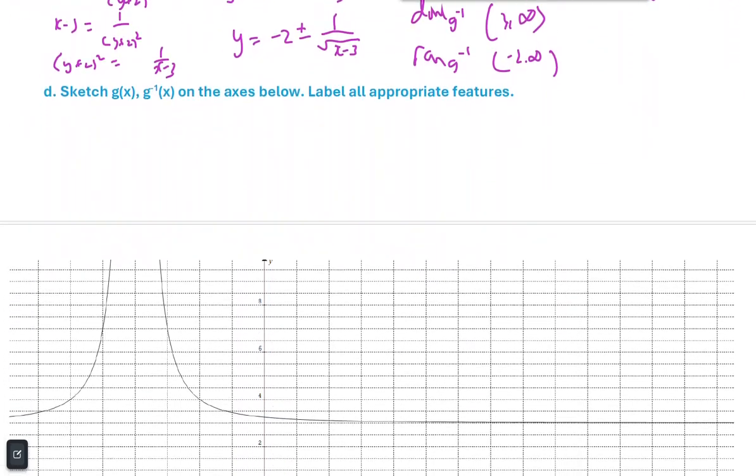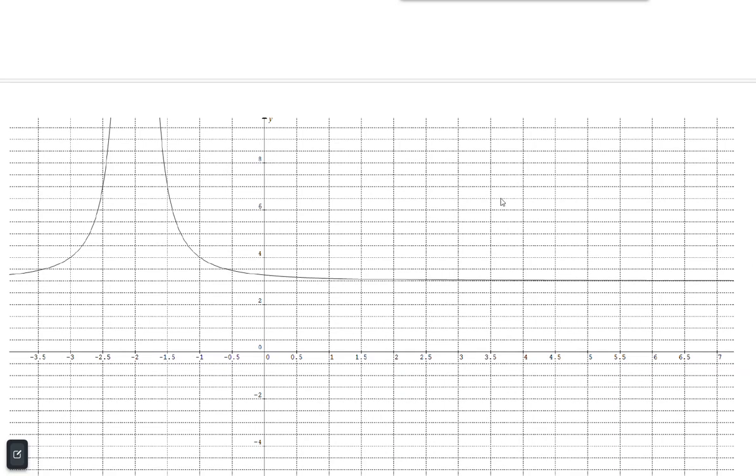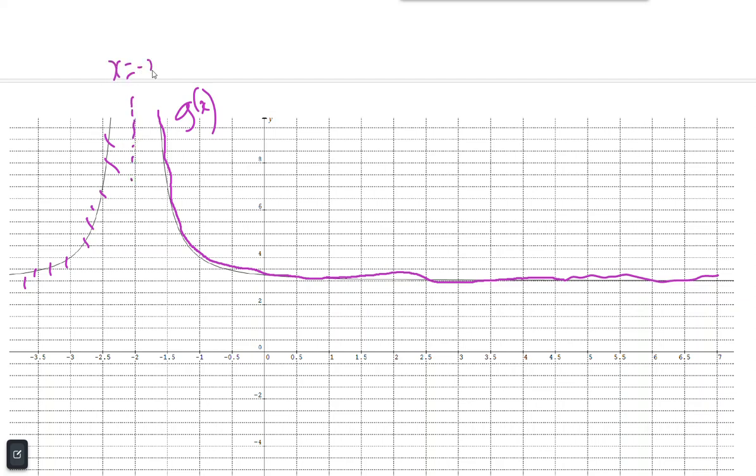And then I need to sketch everything. Okay, so I'm getting rid of that. And now I'm drawing badly with a tablet. So that is my g of x. We're going to have asymptotes at x equals minus 2 and y equals 3.